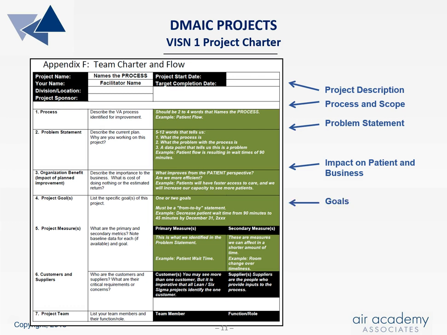We've set our goals to match the problem statement. Primary measurements are set, as well as secondary measurements, which we will monitor throughout the process improvement effort. Our customers and suppliers are listed. Upon completion of the project charter, the team is off to a good start. Team members are listed as their functions are cited.